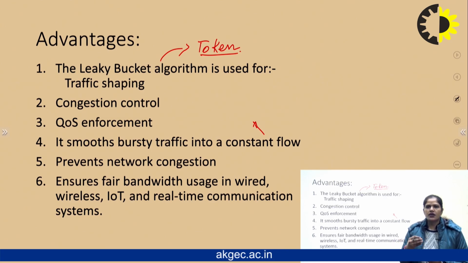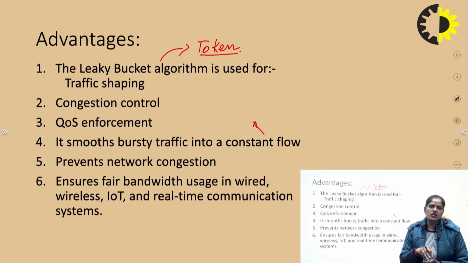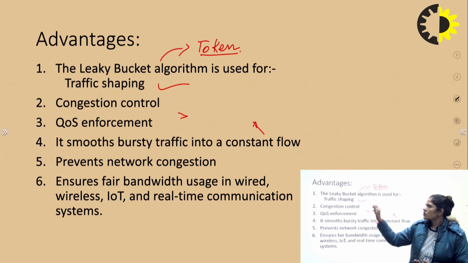it will cause congestion, because if your path has lots of traffic on the network, then basically there is the problem of congestion, and congestion causes the problem of loss of packets and delay in the transmission. So basically this is very important in traffic shaping, right?